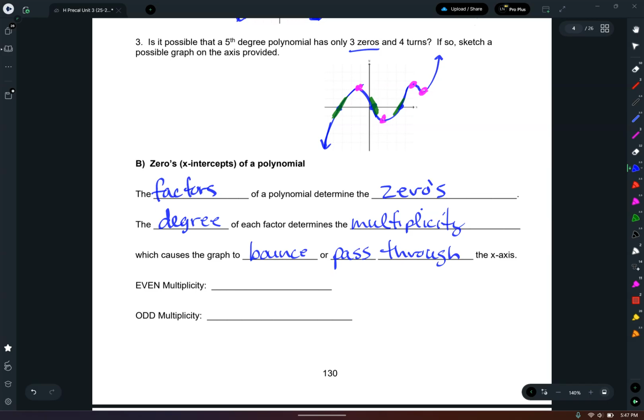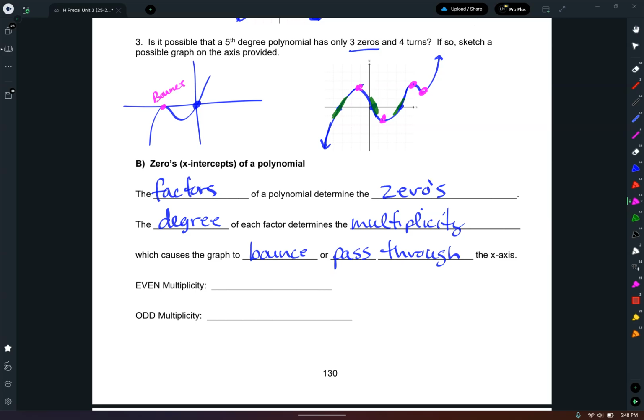But if I had a graph that did this kind of a thing, in this case, it passes through right at that point, but this one that I'm going to put in pink, you see that it doesn't actually pass through the x-axis. It touches it and then bounces back. This is what I'm calling a bounce.